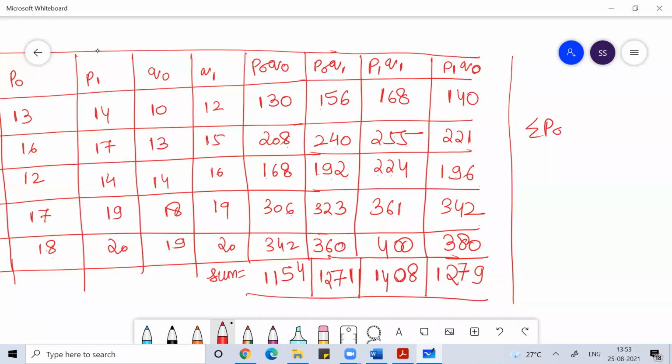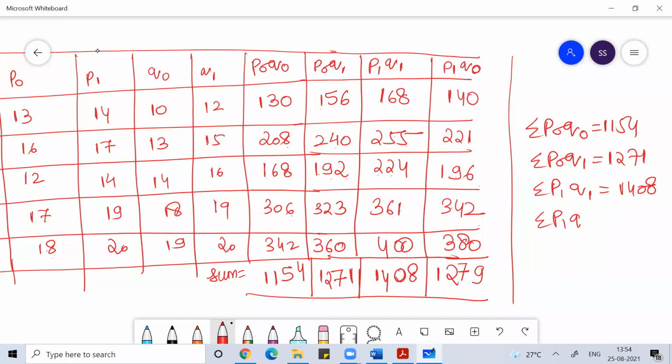Tell me the sum, guys. Sum of P naught Q naught is 1154. Sum of P naught Q1 is 1271. Sum of P1 Q1 is 1408. Sum of P1 Q naught is 1279. Clear, everyone? Let me know any mistake, anything, anywhere.